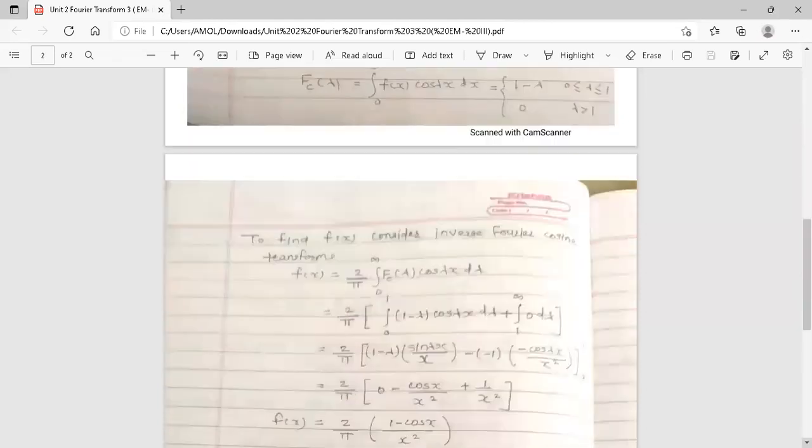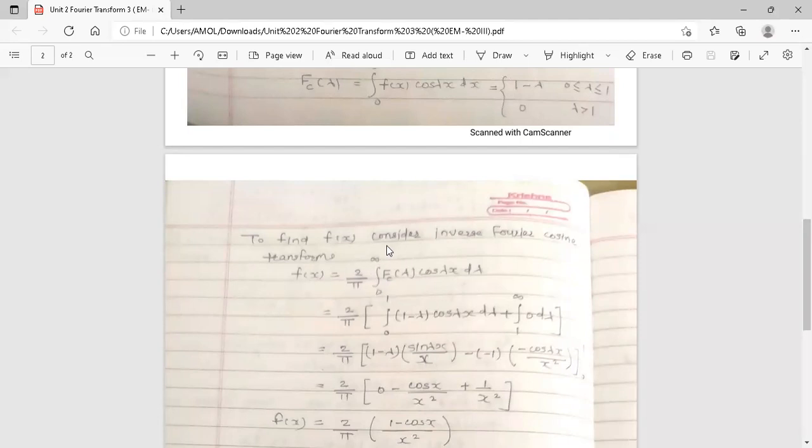Now to find f of x, consider the inverse Fourier cosine transform. We are going to solve this integral equation, so we find the inverse Fourier cosine transform, and the formula is f of x is equal to 2 upon pi into integration of 0 to infinity fc lambda into cos lambda x d lambda. Now here put the value of fc lambda.